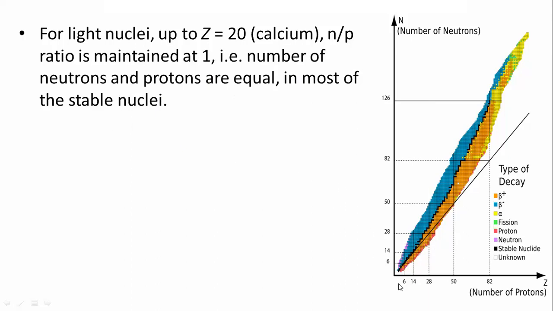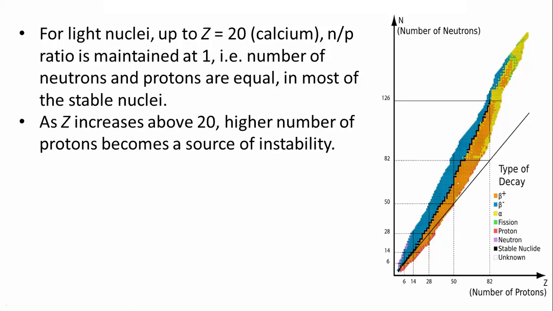As you can see here, from 1 to 20, this line indicates that the ratio between the neutron and the proton is 1:1. So it should be 1:1 if the nuclides are following this line. But what has happened here? These natural nuclides have more neutrons than protons after atomic number 20.